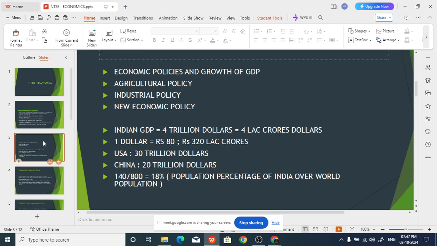Whereas US is $30 trillion. So how many times is US GDP compared to India? 8 times, approximately. 4 into 8, 32. So 8 times. And their population is only one-fourth of our population. So an average American citizen is 32 times richer than us.